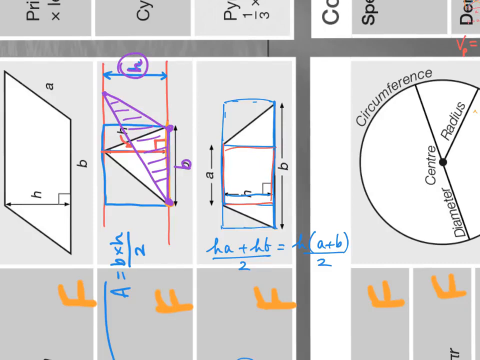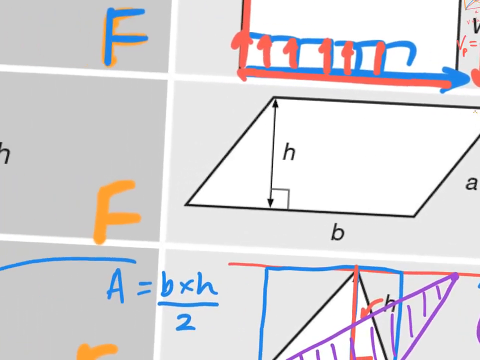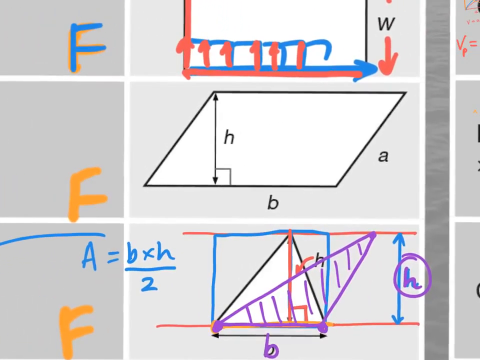So what one can we look at next? I think it would be this one, the area of a parallelogram. So let's have a look at that one. Well, a nice way of remembering this one is if you just imagine that you're cutting this right angle triangle off here and moving it to here.